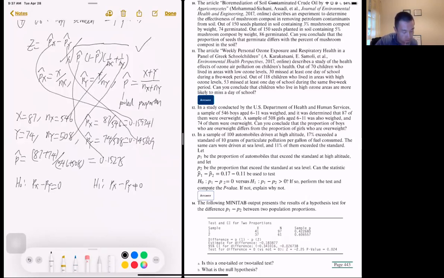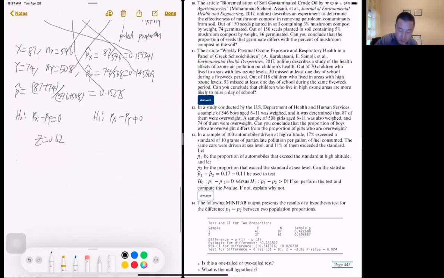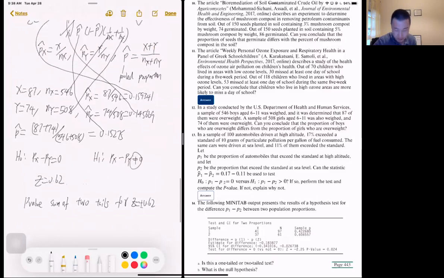So the z-score is 0.62. Because H1 is set up as not equal, we know the p-value will be the areas of the two tails, right and left of the z-value. So the p-value will be the sum of the two tails for z of 0.62 and minus 0.62. For a z-value of 0.62, let's look at the z table.